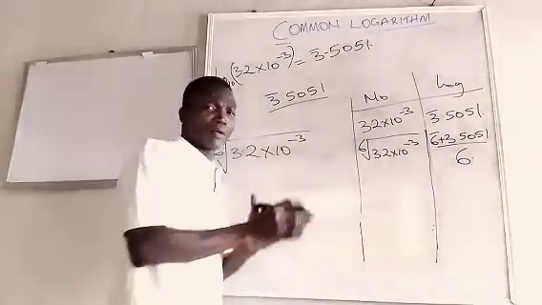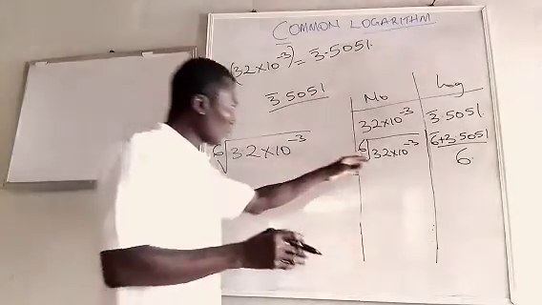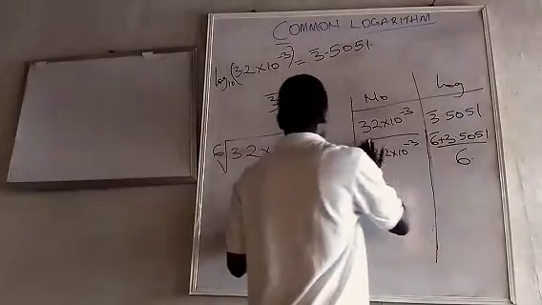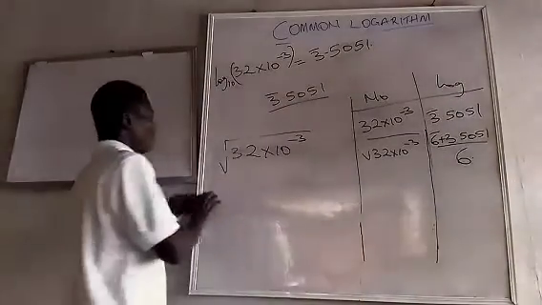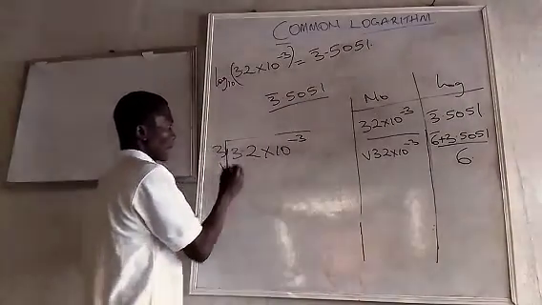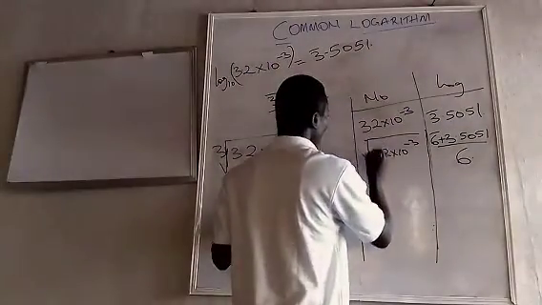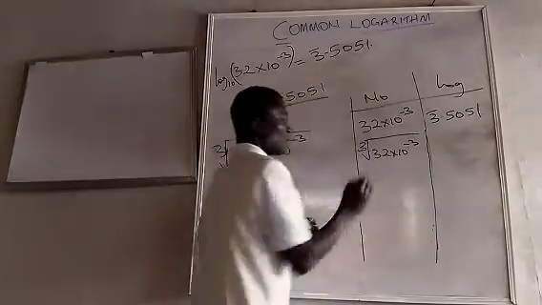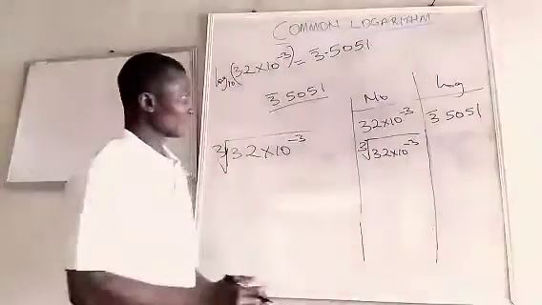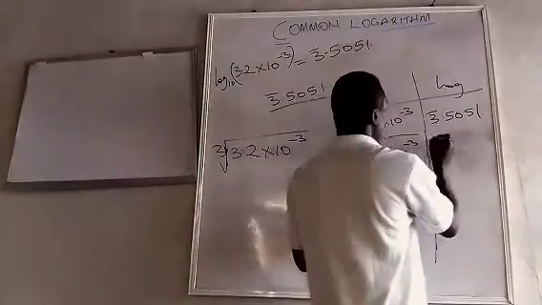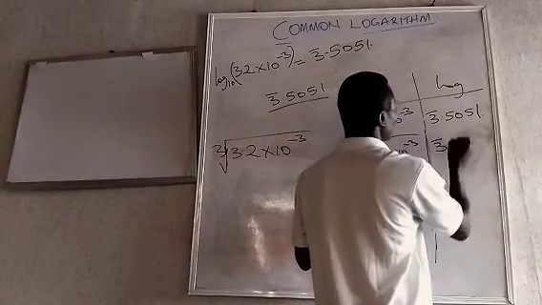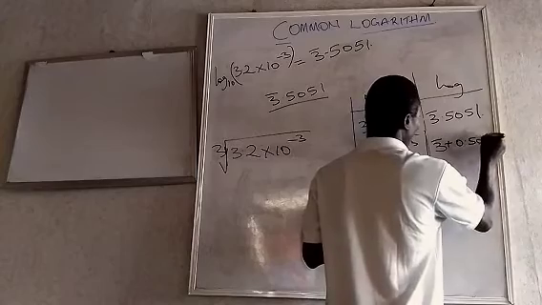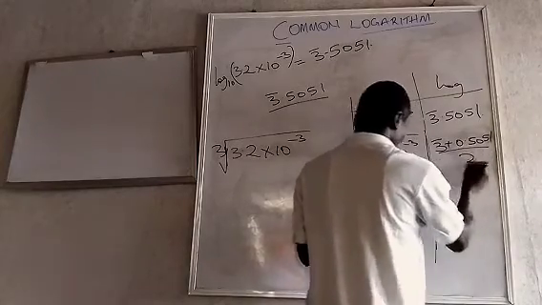Now, assuming I want to find the cube roots of this, this place will be 3. You understand? This one is now going to be bar 3 plus 0.5051 divided by 3.